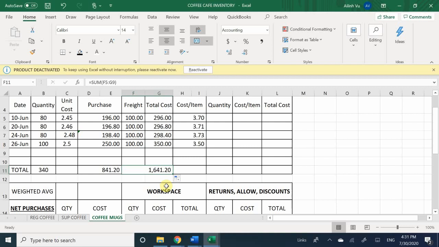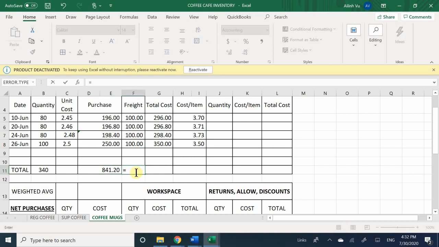$3.65. Okay, total cost, I got $1,241.20.